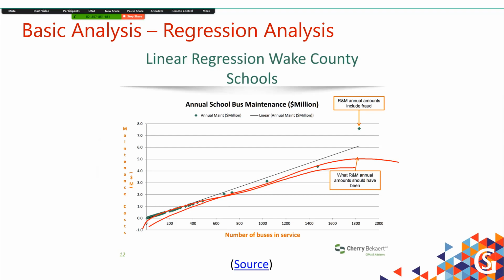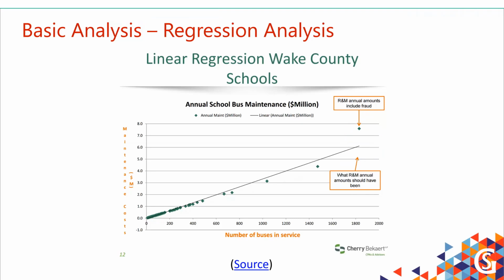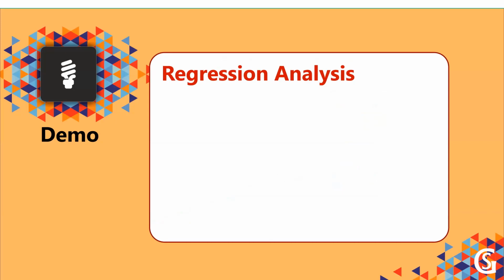But whichever route you choose, that is a difference of $2 to $3 million. And so they were saying there's a huge amount of money that's just being spent that doesn't make sense. The number of buses increased, but you're spending so much more per bus now. And they were able to dig into it further. So let's try doing this technique on our own.